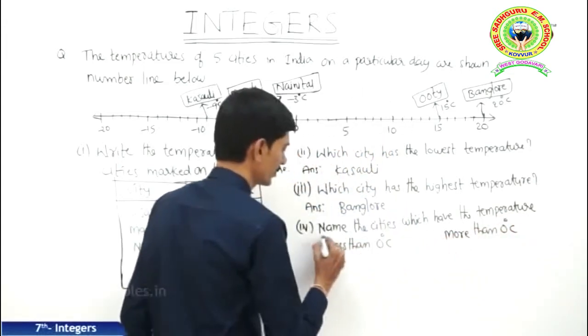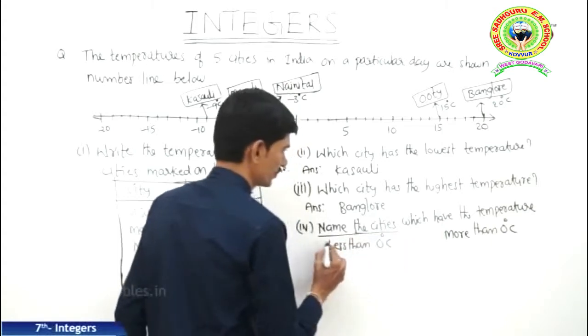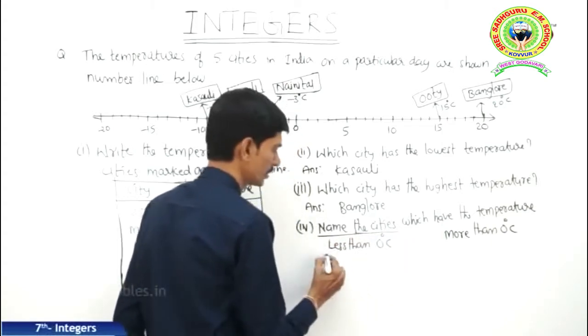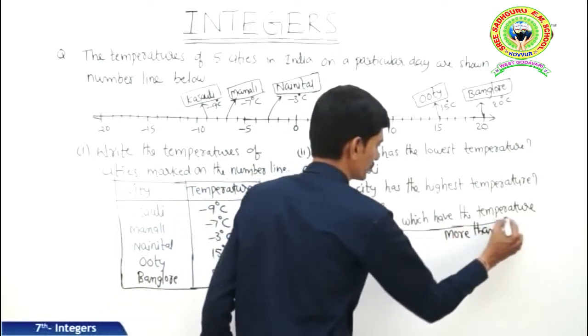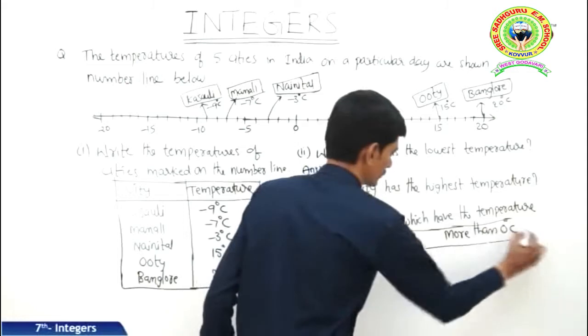So what are the cities which have the temperature less than 0 degrees centigrade and which have the temperature more than 0 degrees centigrade?